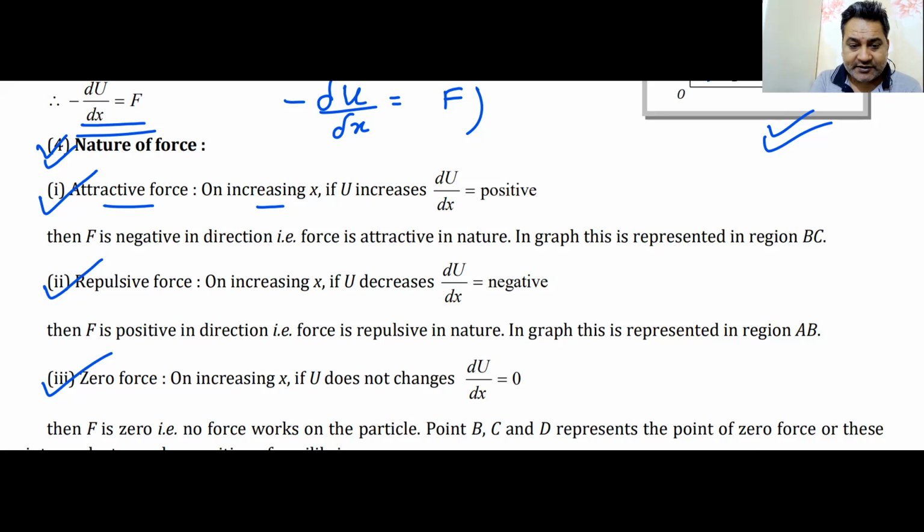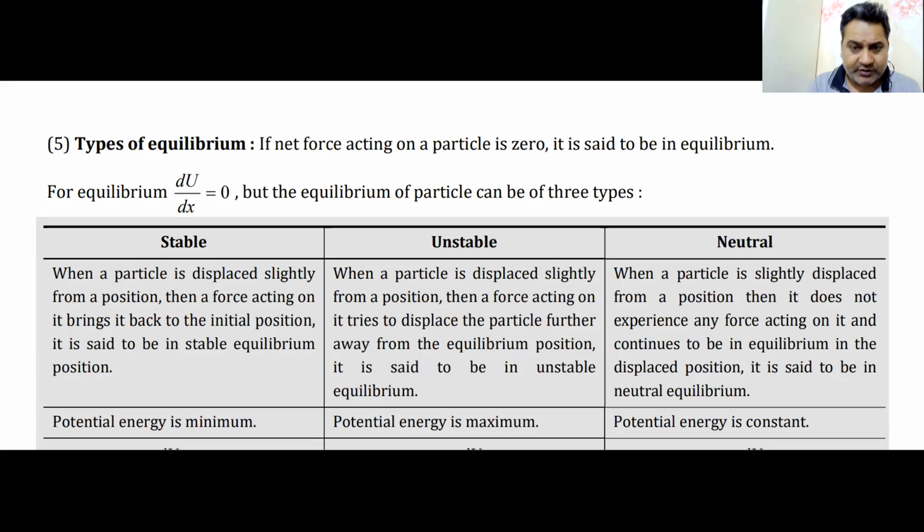Also, on the next page, I think you already have the hard copy of this. On the next page, you have types of equilibrium. Again, you will have to write this entire thing in the next class. If you can draw this table of stable, unstable, and neutral equilibrium, that will again save a lot of time.